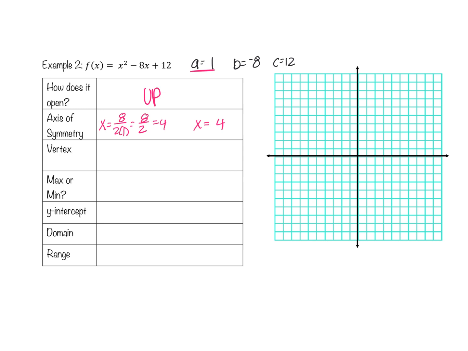Then I need to find my vertex, so I plug in 4. This is 16 minus 32 plus 12. 16 minus 32 is -16.